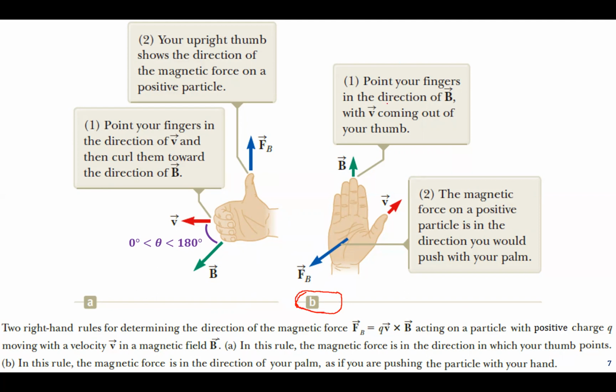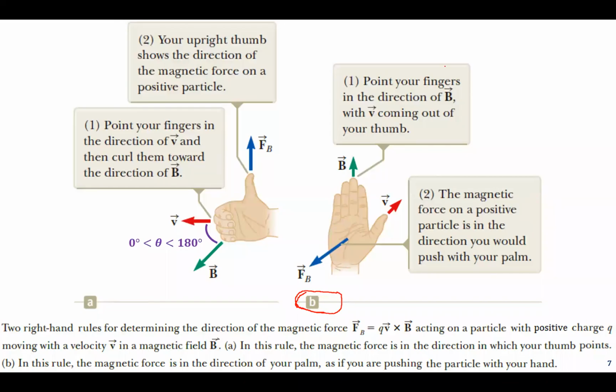So if you point your fingers in the direction of the magnetic field with the velocity coming out of your thumb, then the magnetic force on the positive particle is in the direction you would push with your palm.